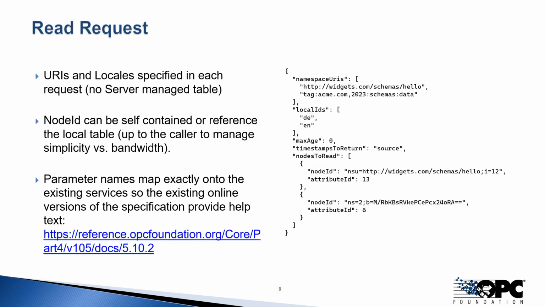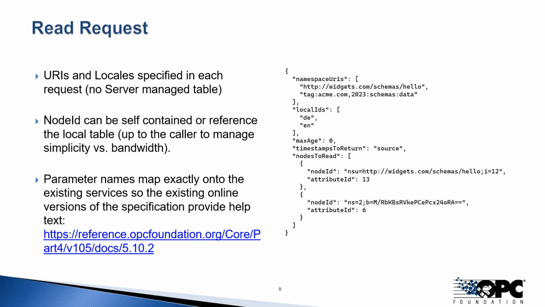So to give you a better flavor of what you're going to end up dealing with when you start using the RESTful APIs, I've taken a read request and I've got an example of what a read request would look like on the right. At the top you'll see that there is this table of namespace URIs.